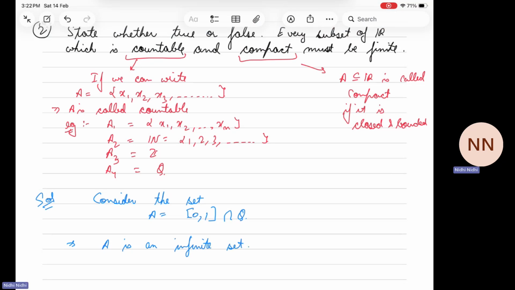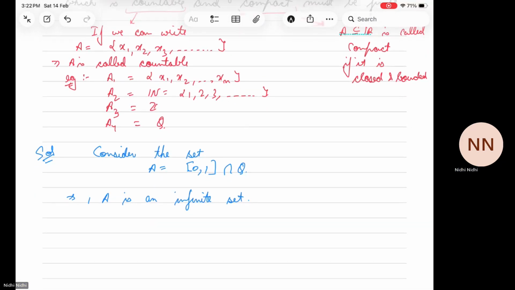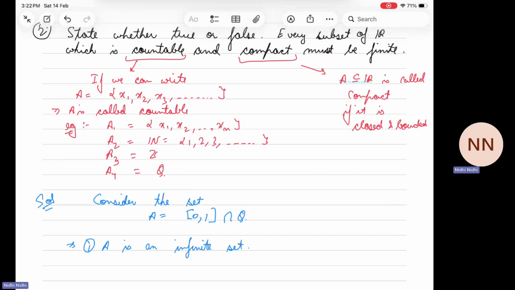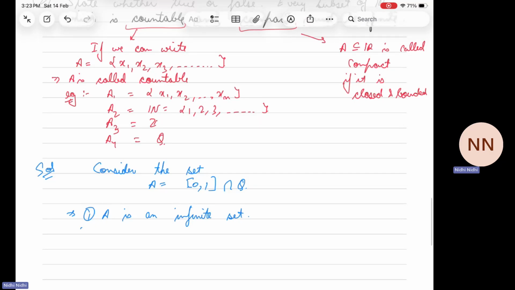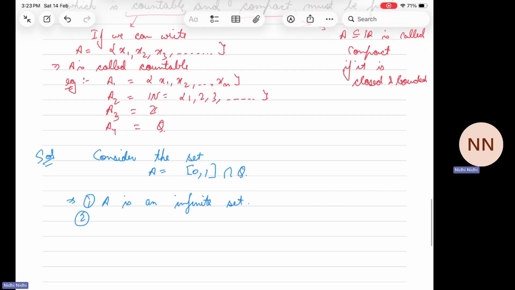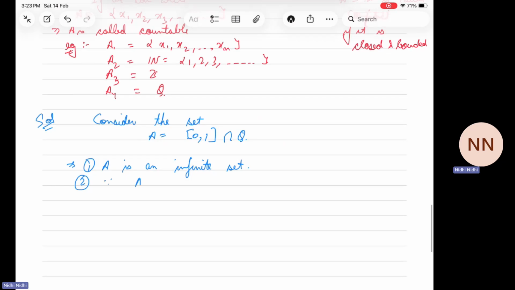Since A is a subset of closed interval 0 to 1, it is bounded. We should be able to get an example which is an infinite set and compact. So, secondly, we'll show that this is compact. Compact means closed and bounded. So, clearly it is bounded set. Now, since A is a subset of closed interval 0 to 1, this implies 0 less than or equal to a less than or equal to 1 for every a in A. That means A is bounded.